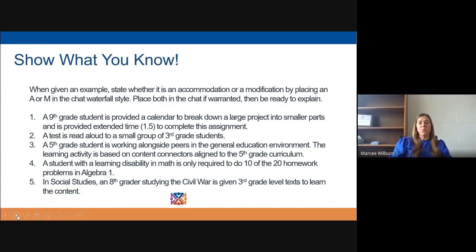A 5th grade student is working alongside peers in the general education environment. The learning activity is based on content connectors aligned to the 5th grade curriculum. Is this an A or an M? Go ahead and enter into the chat when you're ready. Okay, so lots of M's on this one. All M's.